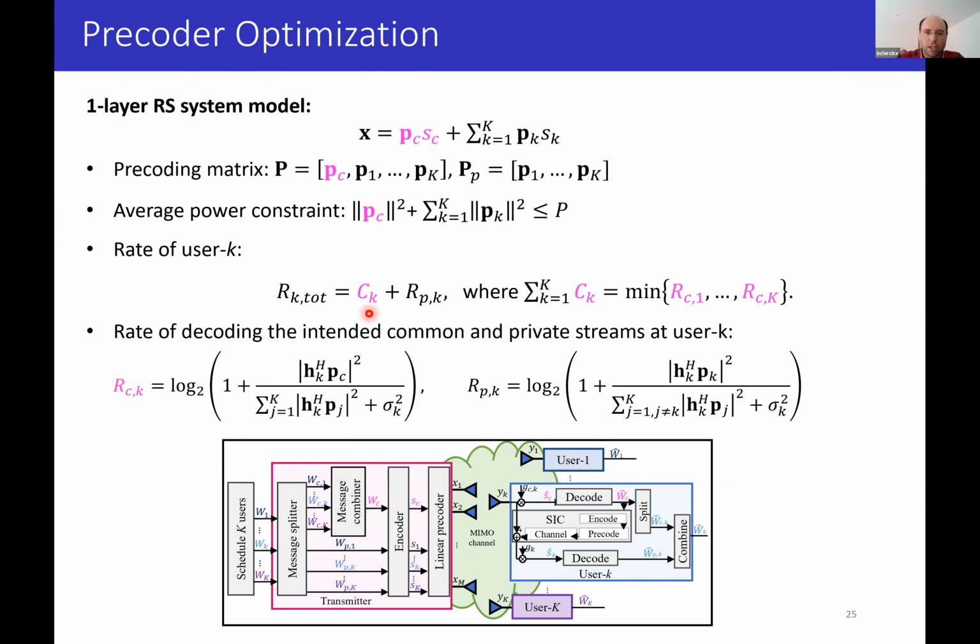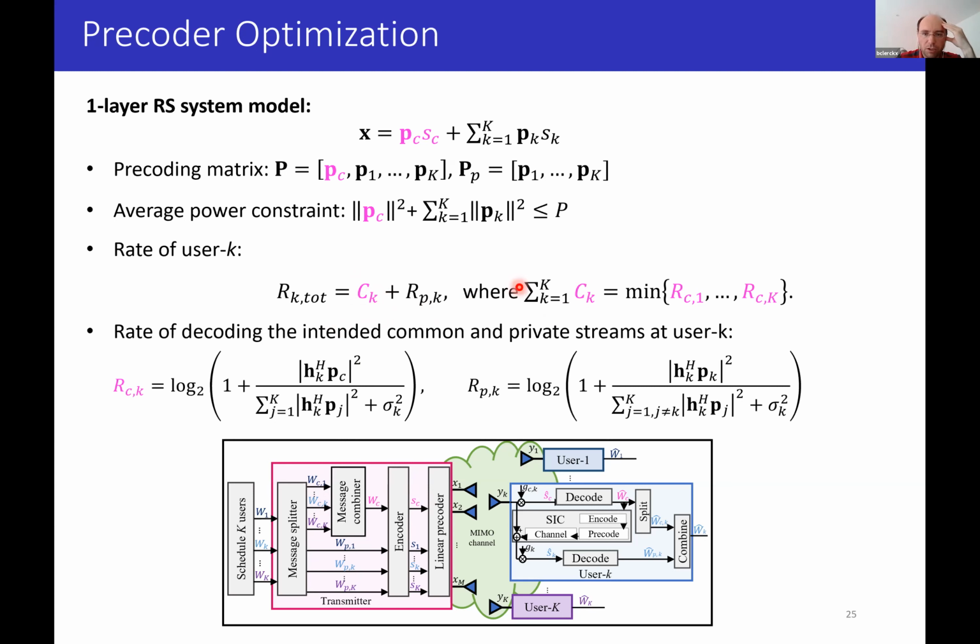So the rate of user K would be the sum of the part of the rate of the common stream plus the rate of the private streams. What are those 2 rates? How can we express them? It is as follows. The sum of those CK will be the rate of the common stream. So the sum of the rate of each of those sub-messages will be the rate of the common stream.